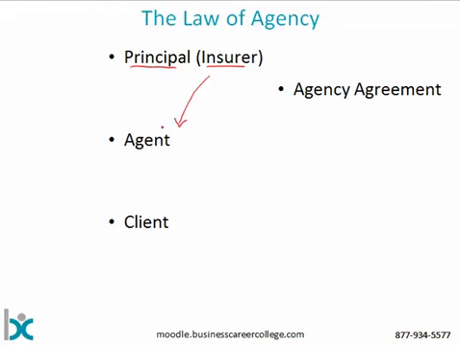The agent then has a contract with the insurer, and the agent goes out and deals with clients. So now we have this relationship that looks like this.